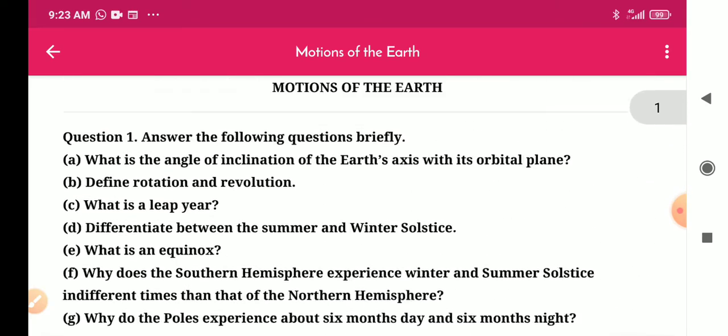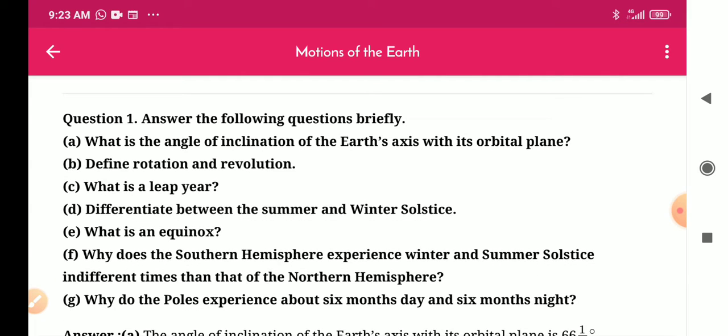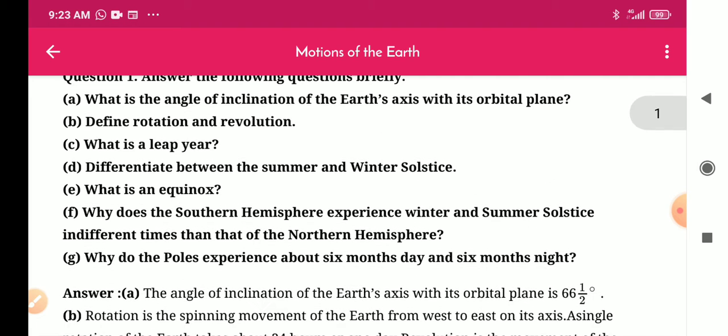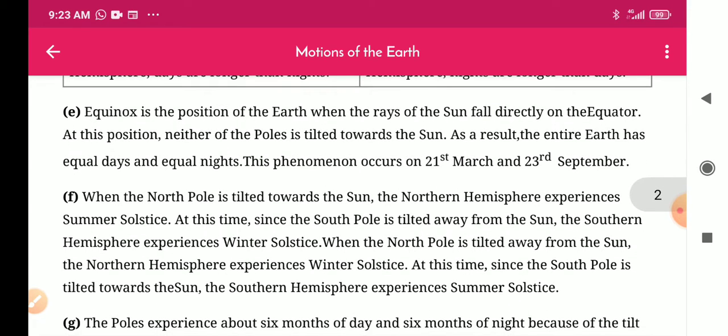F. Why does the southern hemisphere experience winter and summer solstice at different times than the northern hemisphere? Answer: When the North Pole is tilted toward the Sun, the Northern Hemisphere experiences summer solstice.